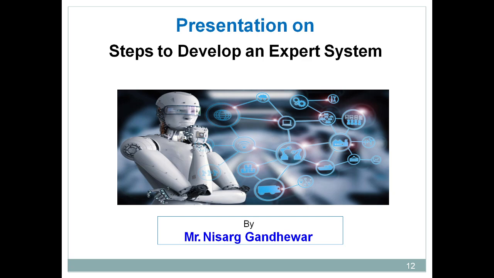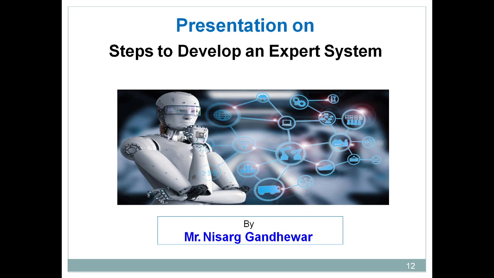So in the last video we discussed why there is a need for expert systems, what expert systems can do, what the benefits are, what the problems with expert systems are, what the characteristics are, and where you can use expert systems. So we understand that an expert system is nothing but a computer program, or you can say software, which is used to solve a complex problem that requires domain specific knowledge.